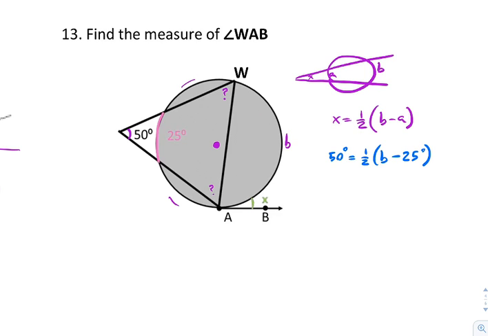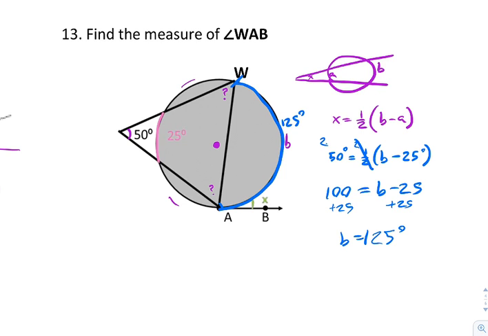Let's times by 2 on both sides just to get rid of this fraction. So 100 equals B minus 25. Adding 25, we get that B is 125 degrees. Okay, so this is 125 degrees from W to A.